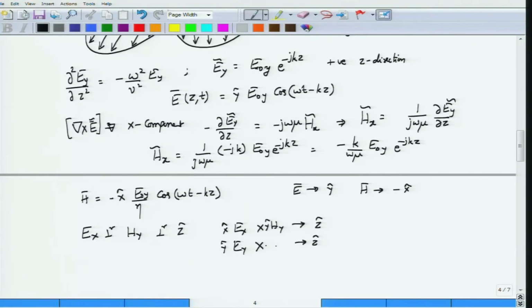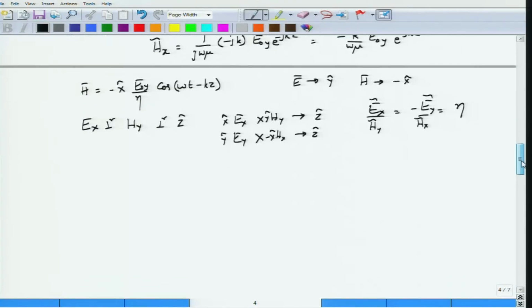What should that be? That should be minus x, right, because if you just have plus x, then it would be y cross x and that would be along minus z, but what you want is a plus z wave propagating. Therefore you write down this as minus x hat, right. So we have phasor ratios Ex by Hy phasor is equal to minus Ey by Hx phasor is equal to eta, eta being the medium impedance, right.